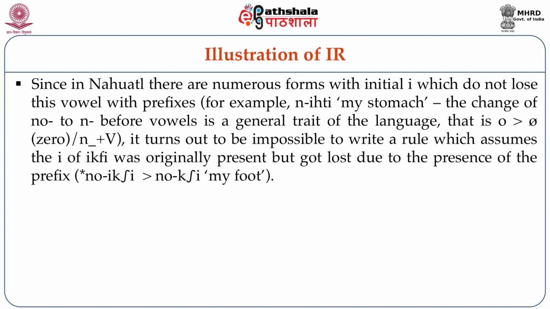Since in this Nahuatl language there are numerous forms with initial e which do not lose this vowel with prefixes, it turns out to be impossible to write a rule which assumes the e of ikji was originally present but got lost due to the presence of the prefix.